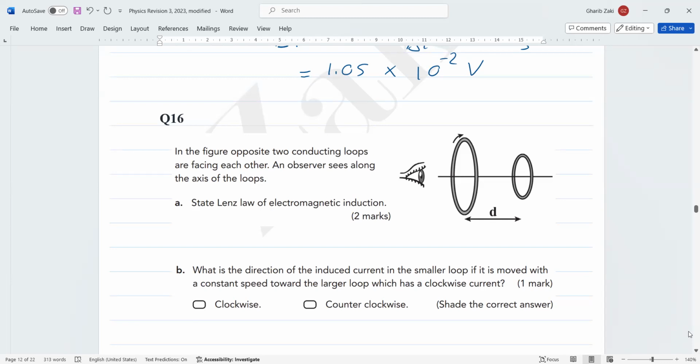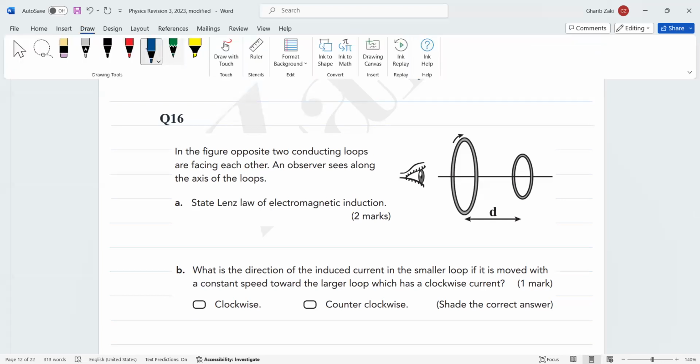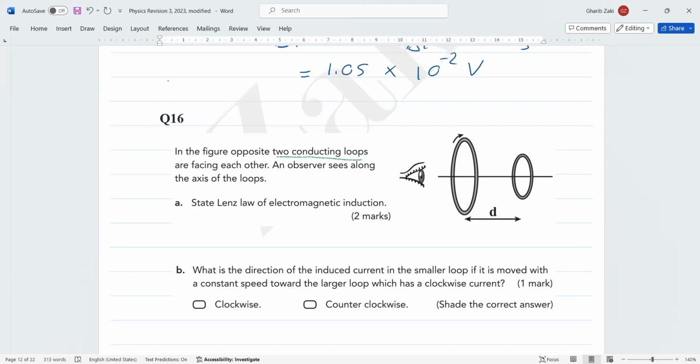Now, let us reanalyze the question. Take care. Now, set the figure opposite: two conducting loops are facing each other, face to face. An observer sees along the axis of the loop.